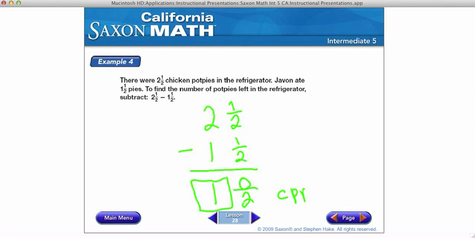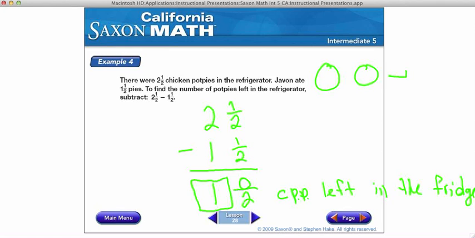Chicken pot pie left in the fridge. Okay, so I'm going to subtract my fraction first. If I was to draw a picture, I have 2½ pies. Well, I'm getting rid of 1½.